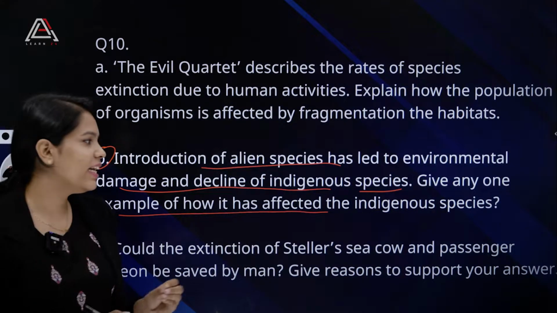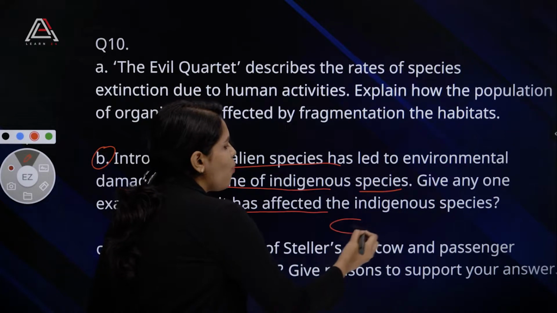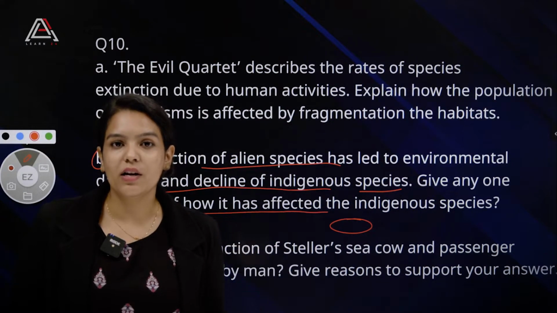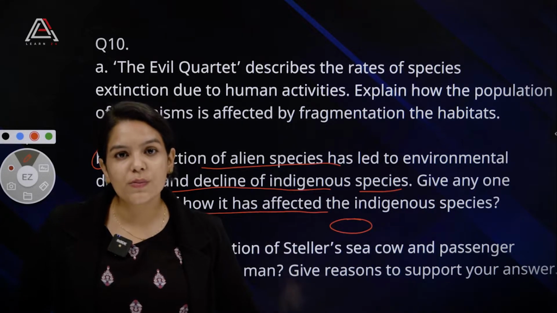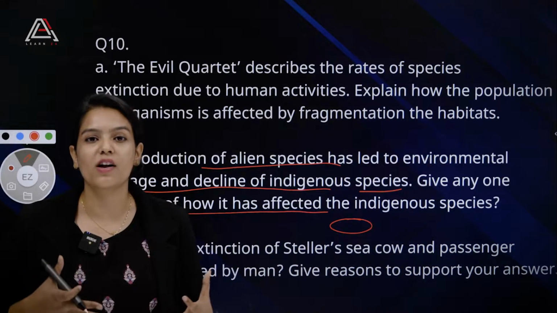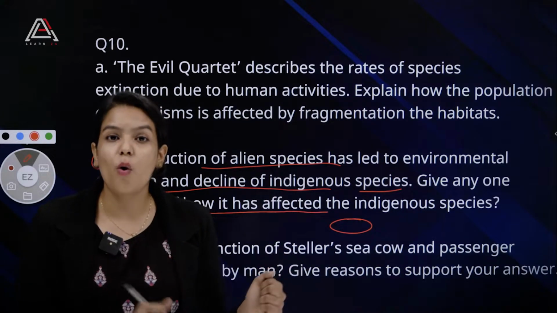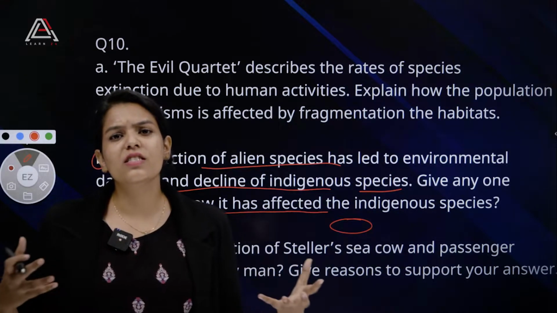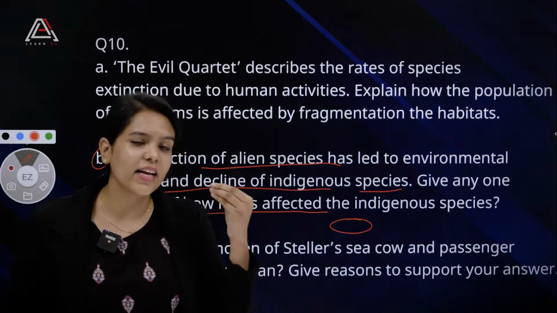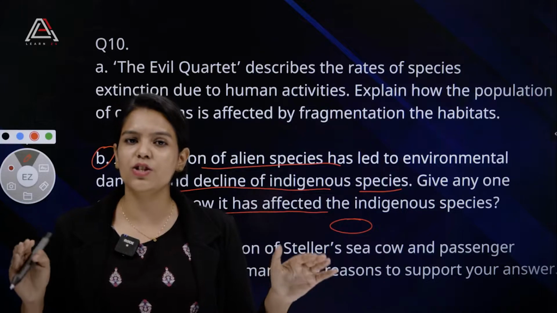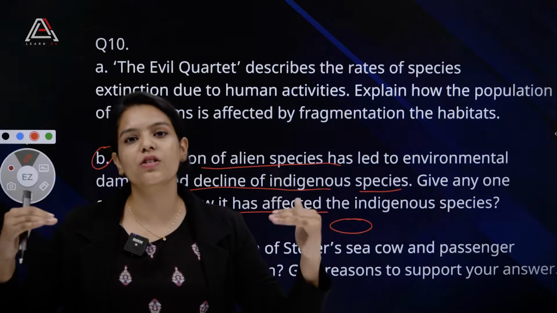When it is introduced into our water, it basically consumes the oxygen which is present in the water. And what happens to the species staying in that particular water? The fishes staying in that water will not get oxygen, right? So what will happen? The fish population will decline.